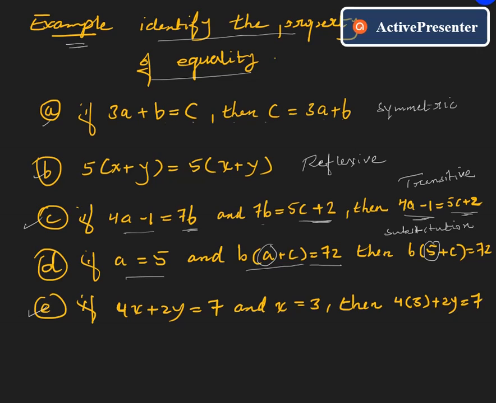The fifth question says, if 4x plus 2y equals 7 and x equals 3, then 4 multiplied in 3 plus 2y equals 7. What did we do? We replaced x here by 3. This is also known as the substitution property of equality. And that's it.